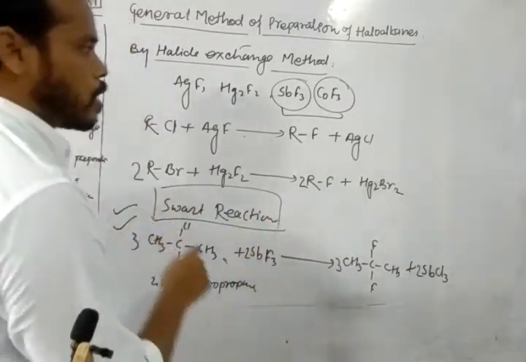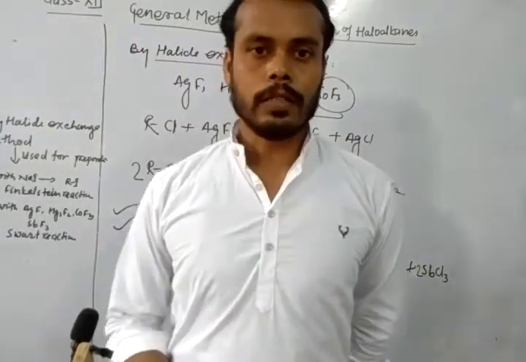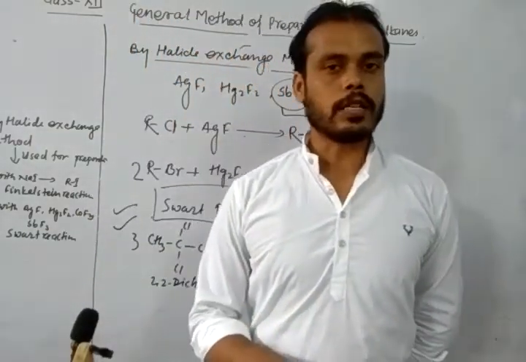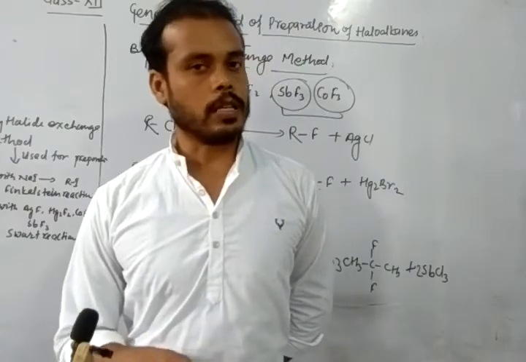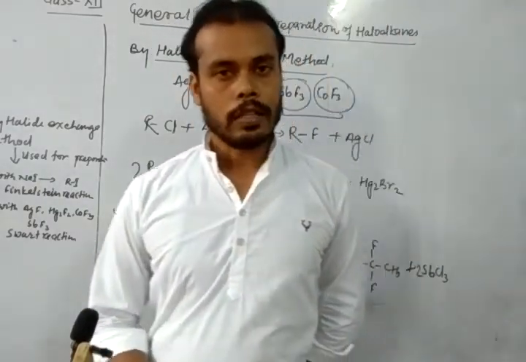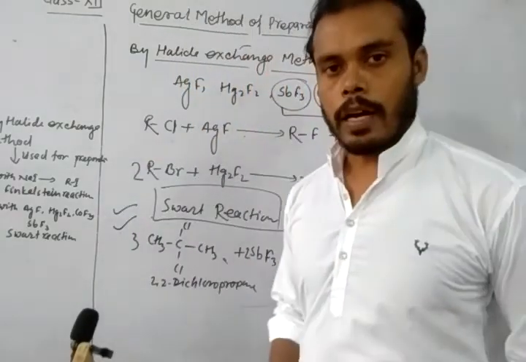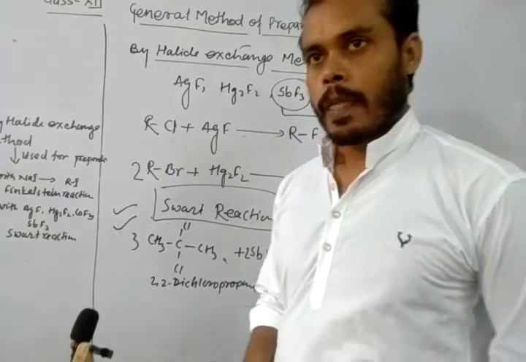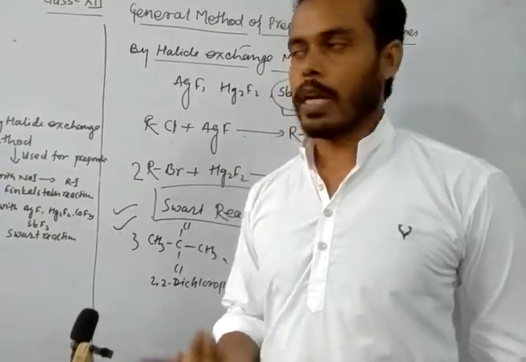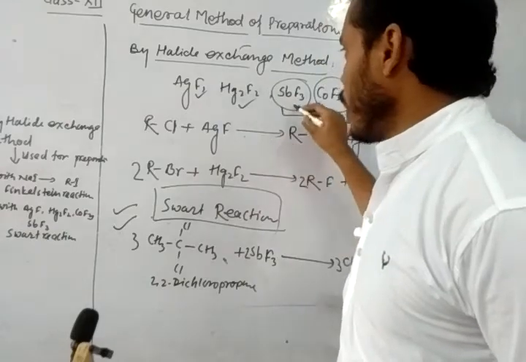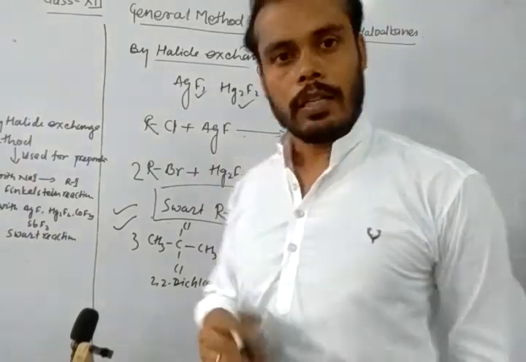One is the Swarts reaction and one is the Finkelstein reaction. In the Finkelstein reaction, chloroalkanes or bromoalkanes are treated with sodium iodide in the presence of acetone or alcohol, while in the Swarts reaction, the chloroalkanes and bromoalkanes are treated with a metallic fluoride, which may be silver fluoride, mercurous fluoride, antimony trifluoride or cobalt trifluoride.